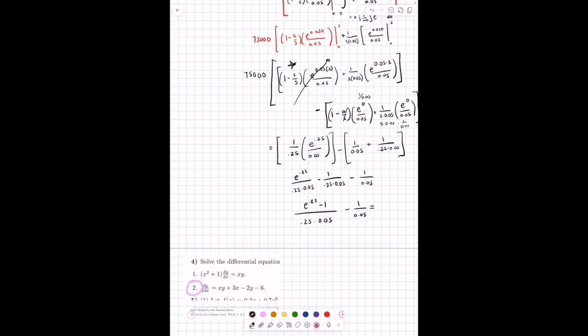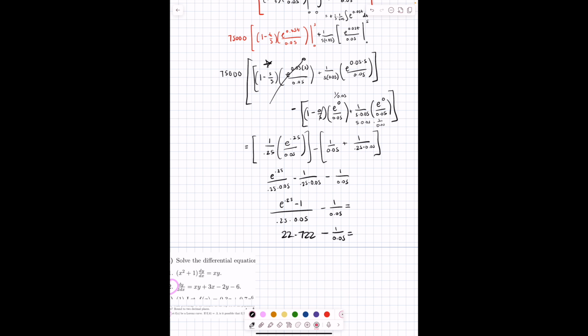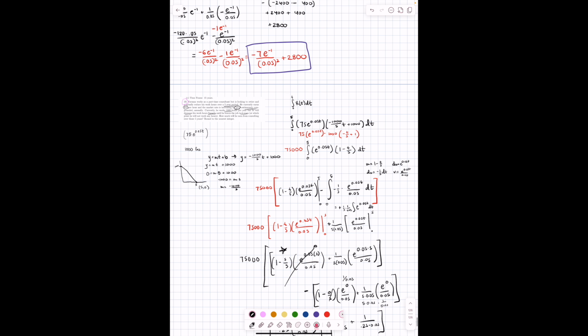If I plug it into the calculator, I get e to the power of 0.25 minus 1 divided by, which is equal to 2.72. This is my answer.